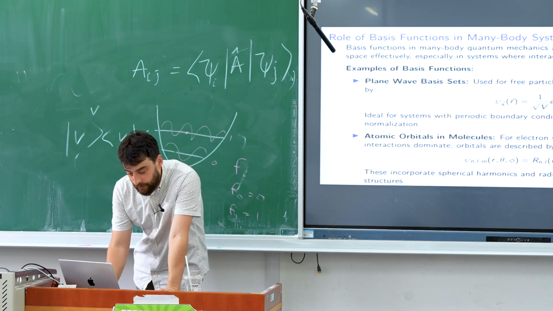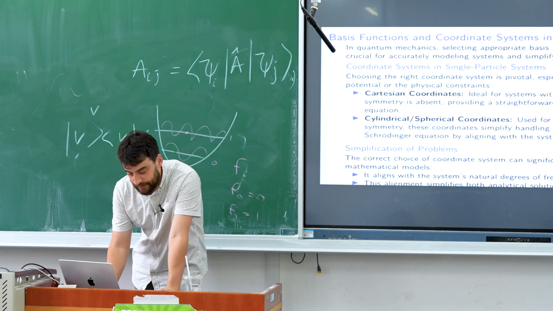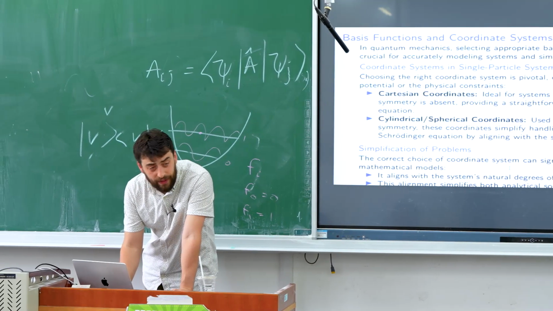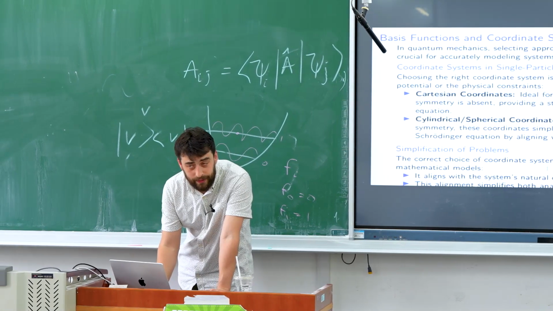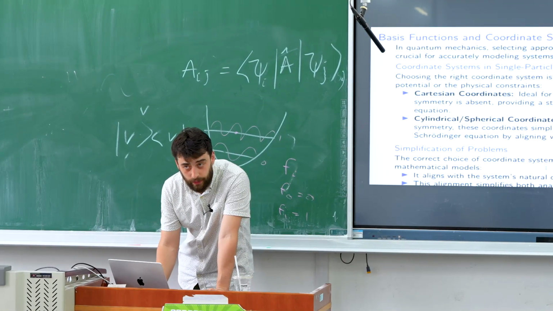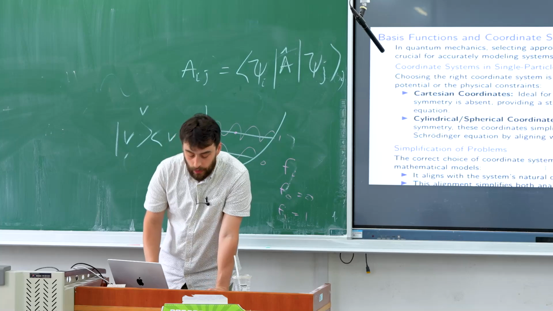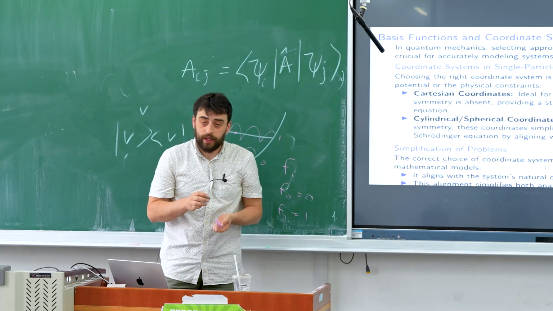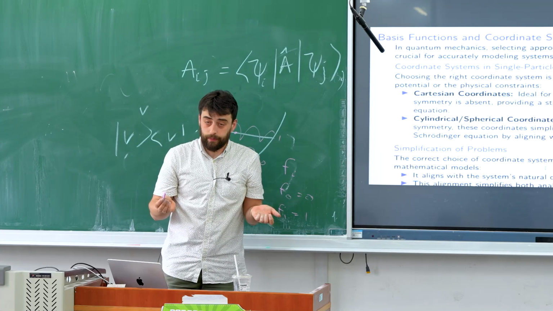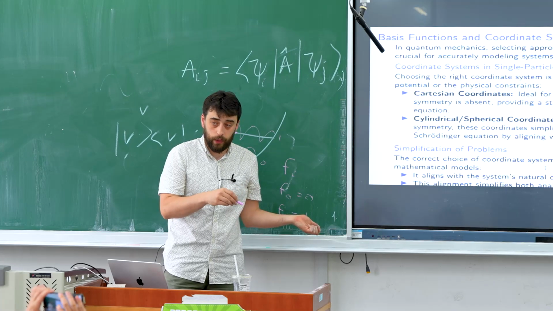I think this is probably pretty much the last few sections on the introduction to quantum mechanics, so we're almost finished. So, basis functions. This is another thing we need to speak about before we start considering many-body systems. We talked very briefly about choosing a coordinate system for solving the Schrodinger equation.